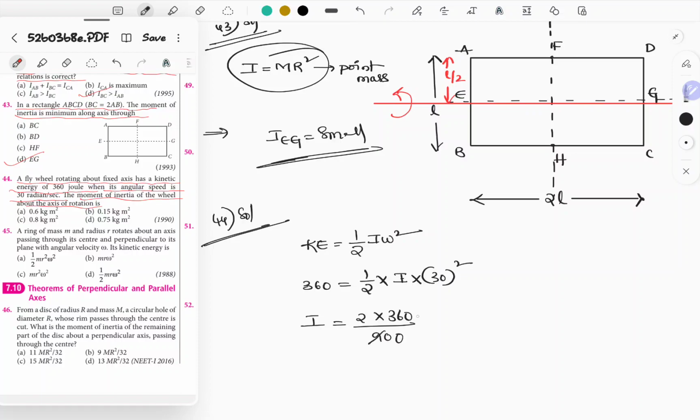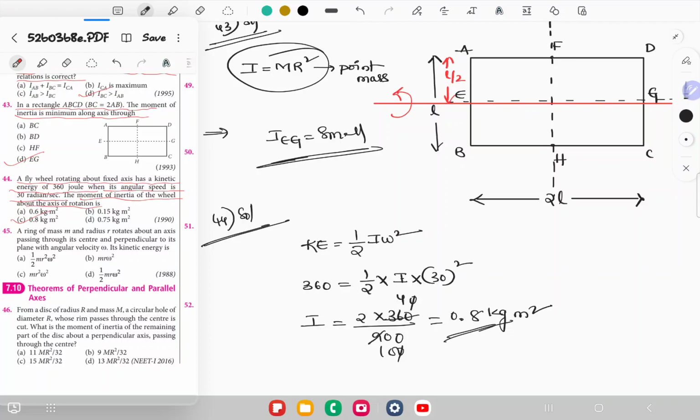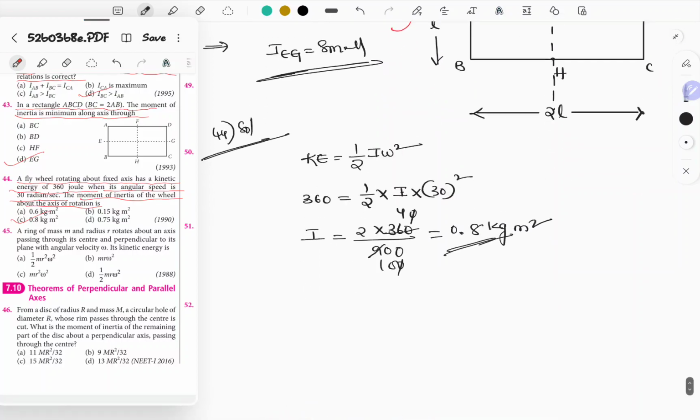So it is going to be 4 into 40 over 100. The zeros will get cancelled. 2 4s are 8, 8 by 10, it is going to be 0.8. The unit is kg meter square. Which option matches correctly? For 44, option C is the correct answer. Is it clear, guys? Yes, it is.